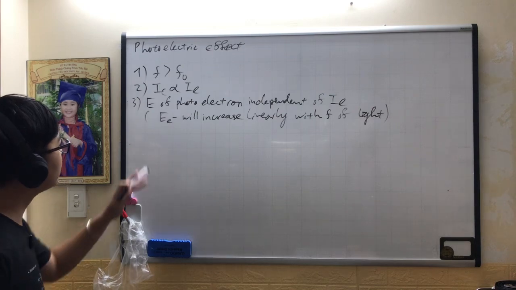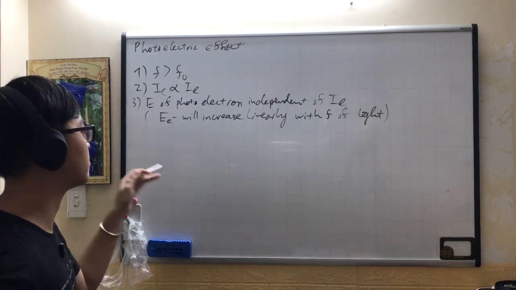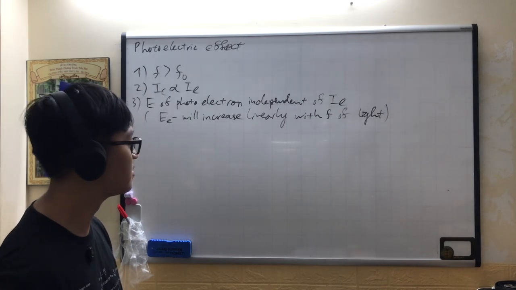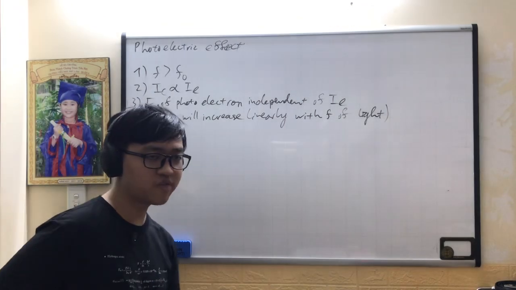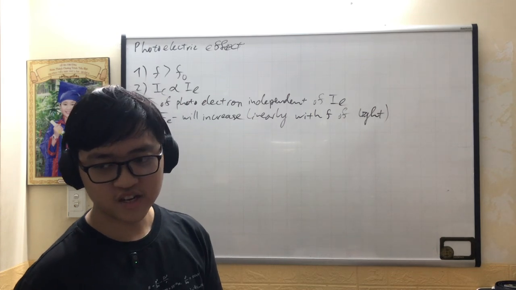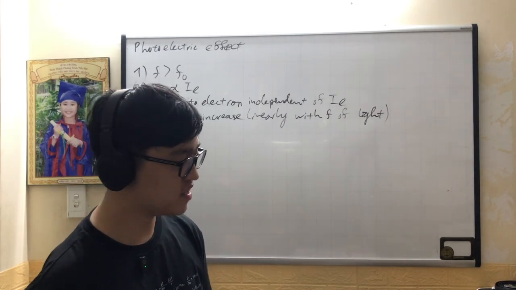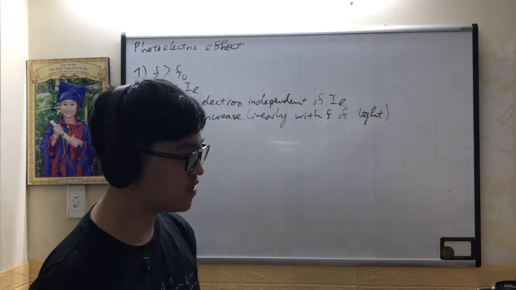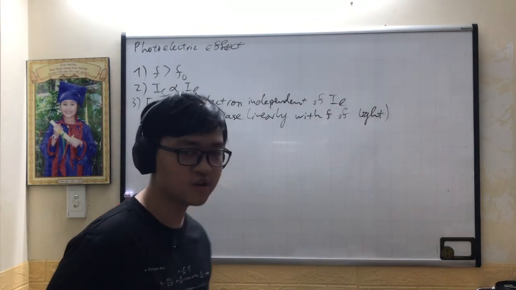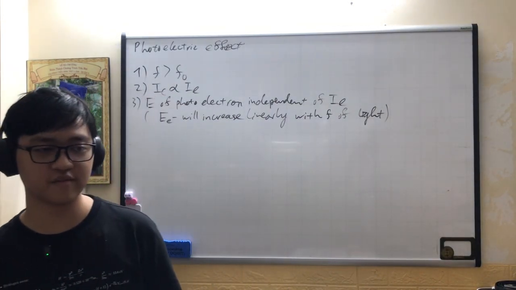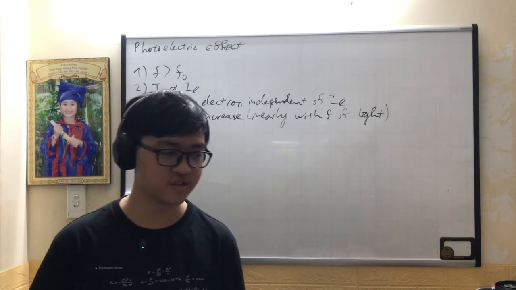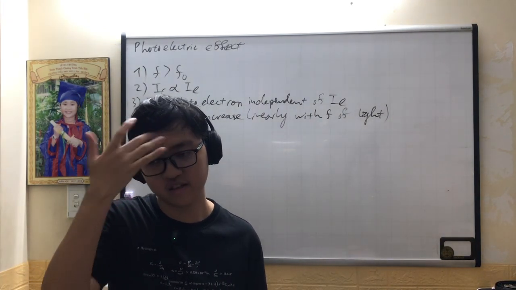The energy of the photoelectron will increase linearly with the frequency of light. So what this means is that the amount of photoelectrons emitted will change when the color of the light changes, and not the brightness of the light.